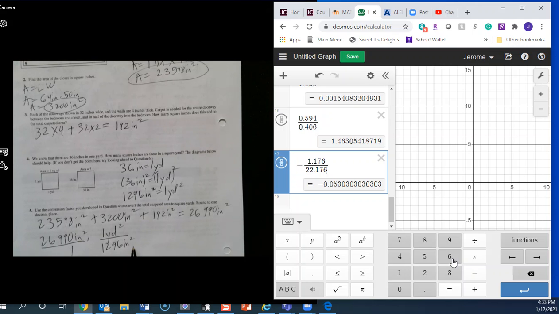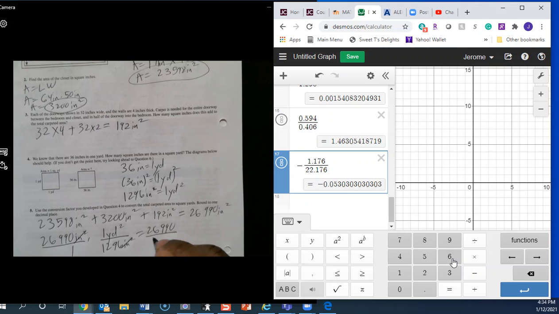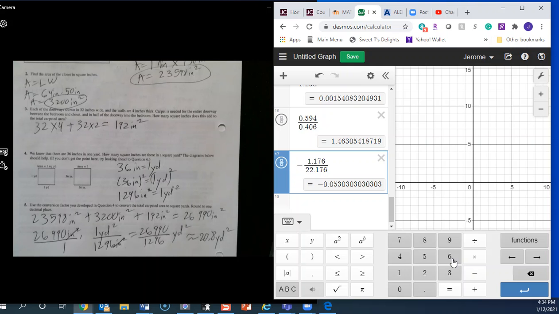So the square inches will simplify out with the square inches and leave us the square yards. So this would be 26,990 over 1,296, and this would be square yards. Now, when you divide this out, it will give you an approximation of 20.8 square yards, because they asked us to round to 1 decimal place.